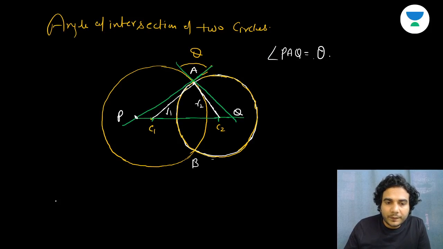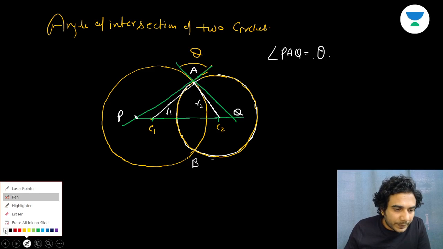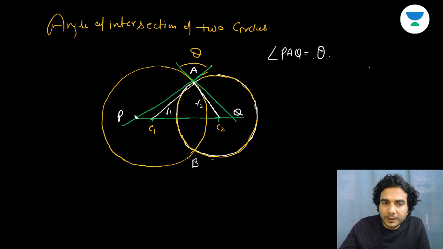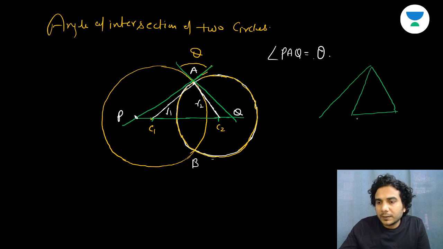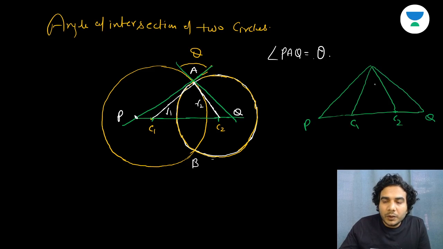Okay. Now if I make this diagram separately, then can you tell me what is this angle, by the way? This diagram is like this. This is C1, this is C2, this is P, and this is Q. Do you know what is the angle between radius and tangent?